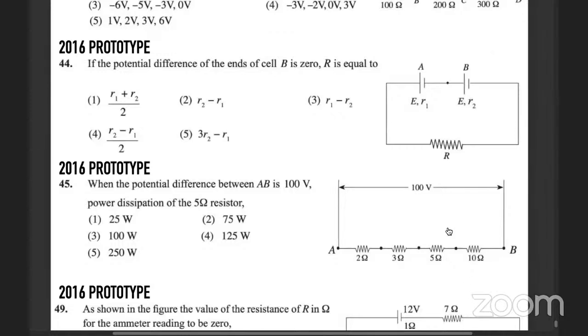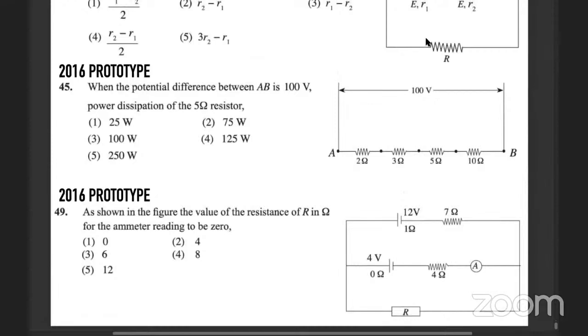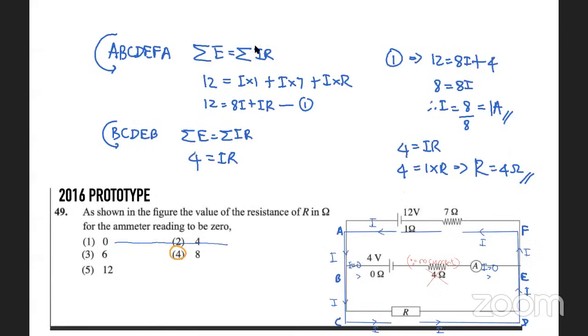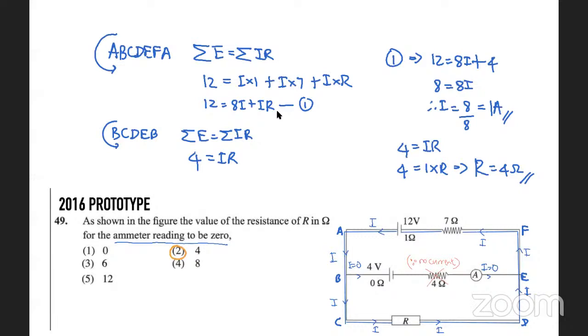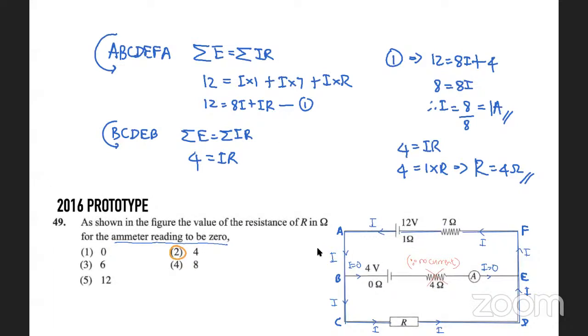No, that's okay. Even if current doesn't flow through that loop or the battery, that's okay. That doesn't matter. That's fine. You first mark the information, and then you just apply the law.